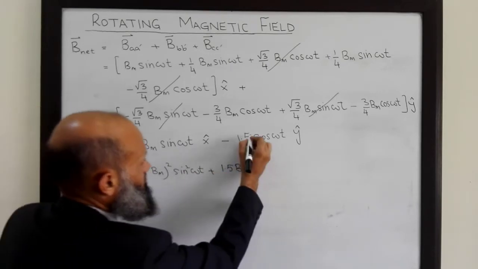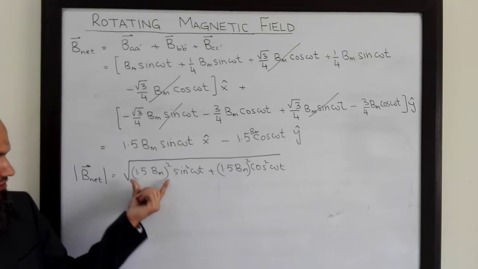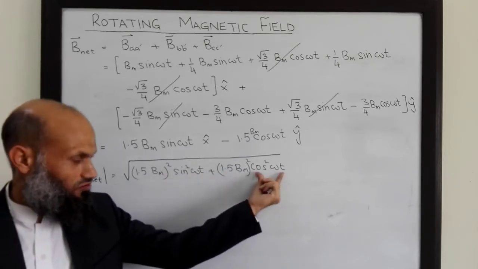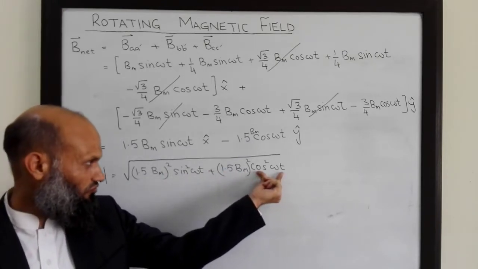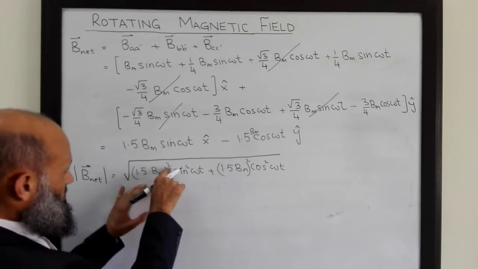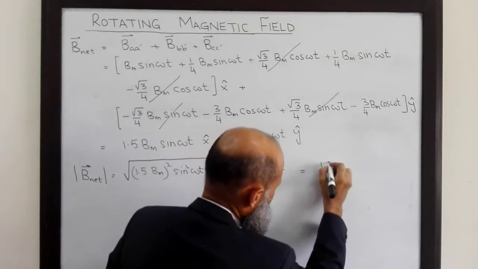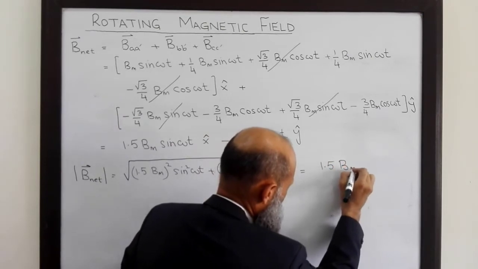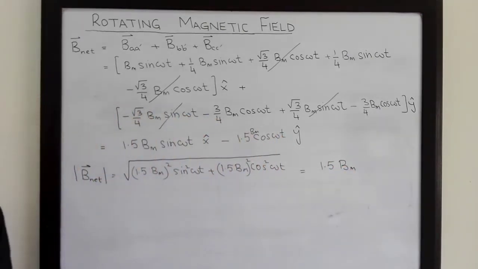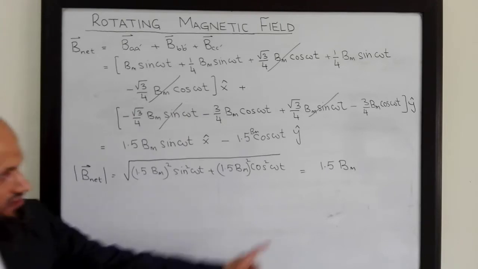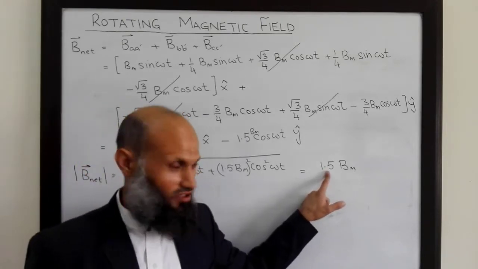Here is also Vm. So if you take this thing common, sine square omega t plus cosine square omega t, that is equal to 1. Therefore this square is cancelled out with this square root. We have 1.5 Vm. Magnitude of the resultant flux density vector is always 1.5 Vm.